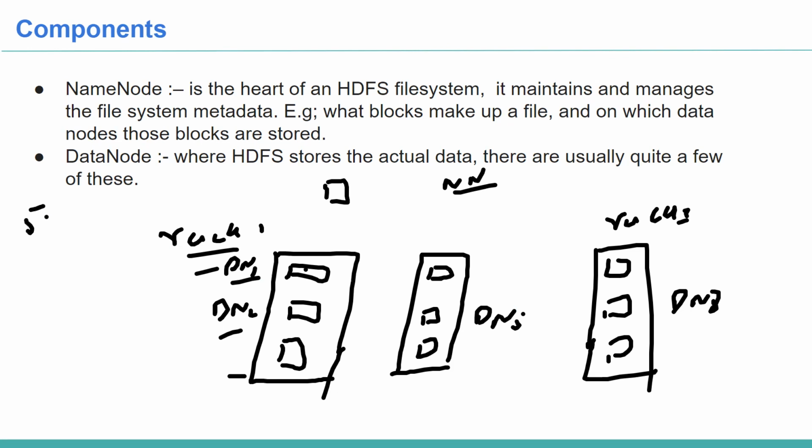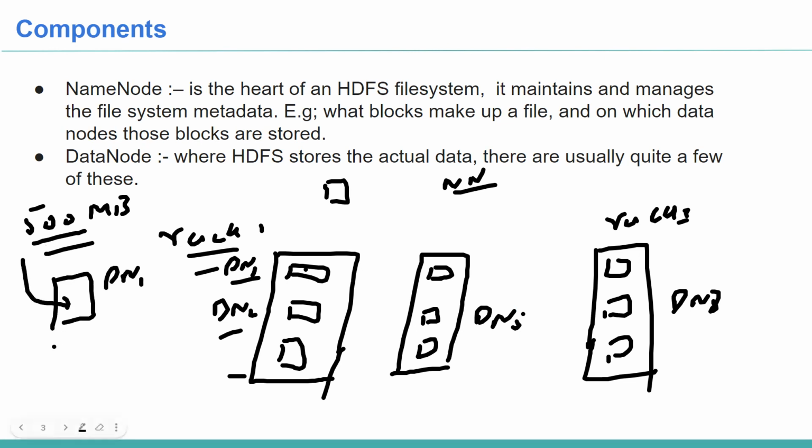With that in place, the main objective of HDFS was that we can process the data in parallel. Let's say we have a 500 MB file and we store it in data node 1, which stores the whole file in one place. If we have such an arrangement, we won't be able to take advantage of distributed processing.